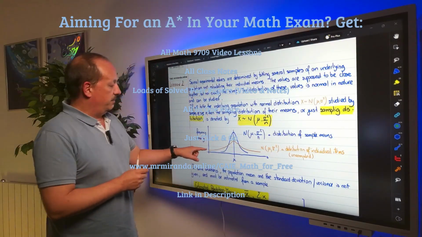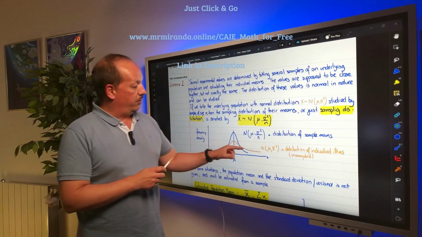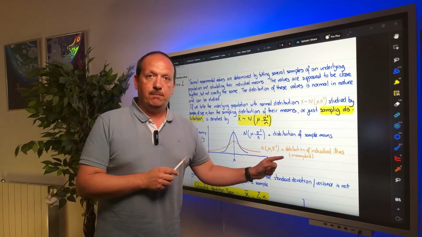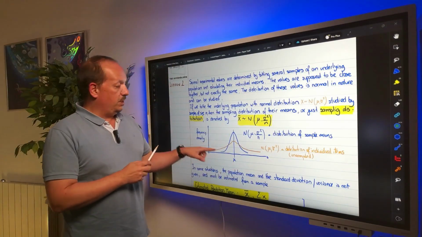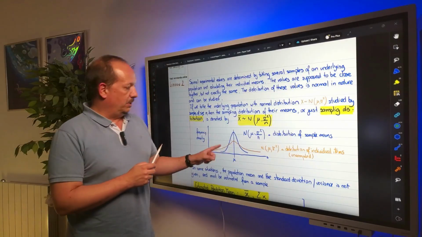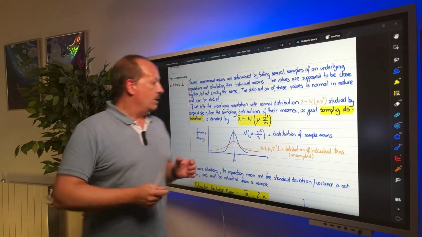If we take here the orange as being the normal distribution of the underlying population, all students globally, the distribution of the means of all the schools that we've picked as samples would also be normal in nature, obviously around the same value, the same mean, but much shorter.